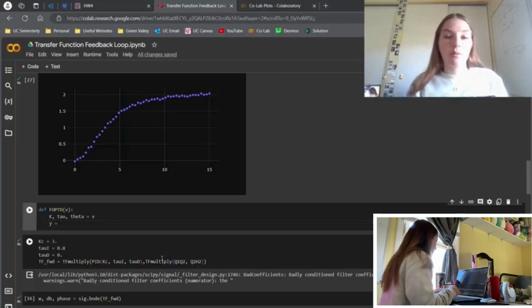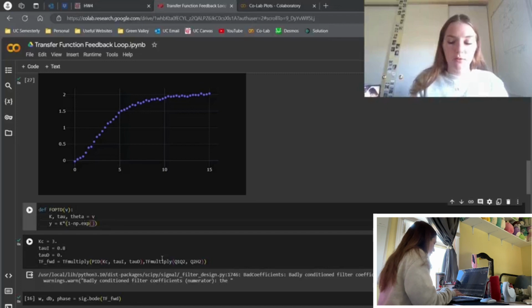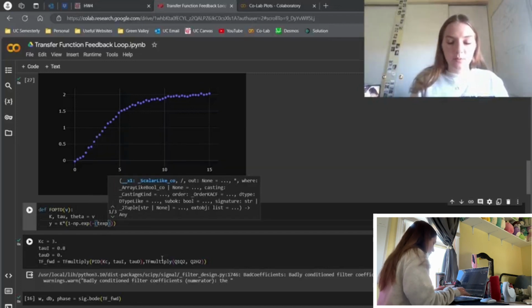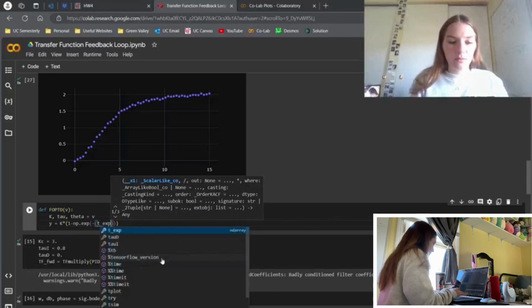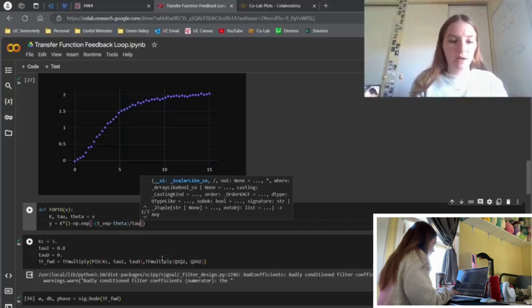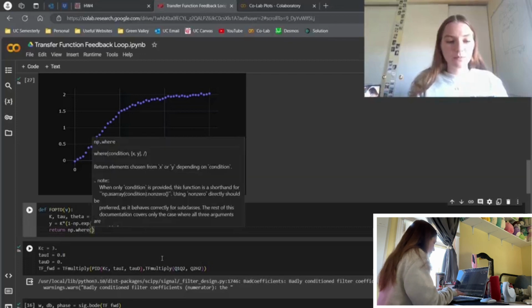So we can just use some arbitrary constant y to set this equal to it. So we're going to have k times 1 minus the exponential of negative t experimental minus our theta, and then divided by our tau. So now we want to return, and we're going to use np.where.